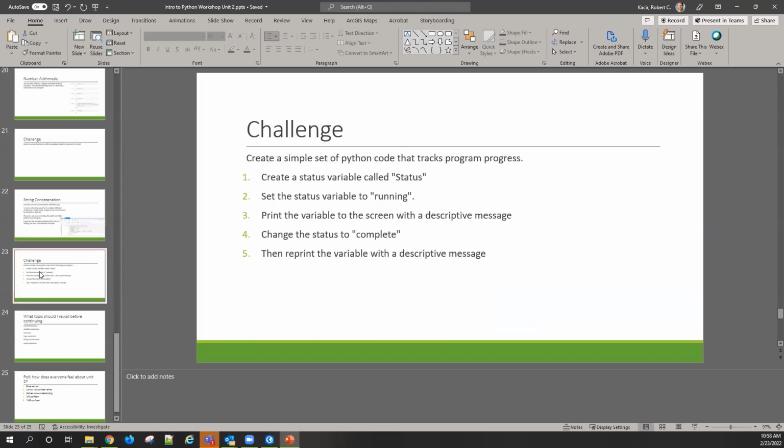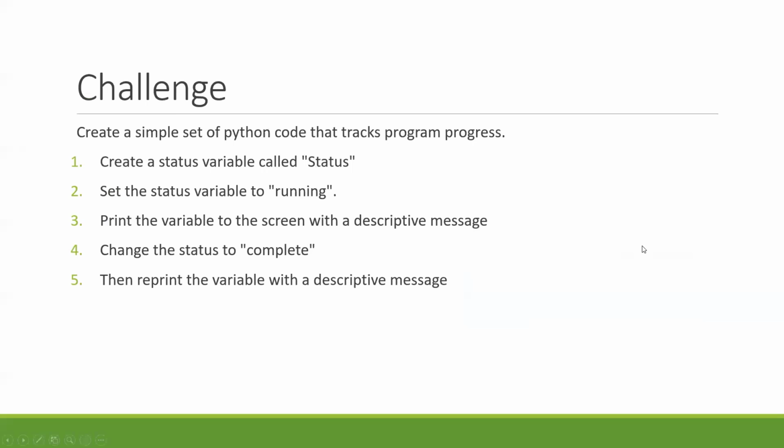All right. So I'm going to go ahead and have you guys tackle a small challenge. What I'd like you to do is to create a status variable and go ahead and set that to the value running.